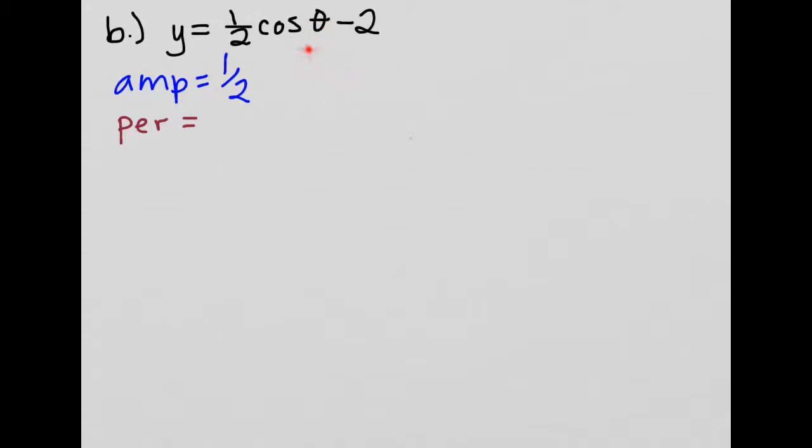And they don't give us a degree or a radian measure, so we can do either one. Let's go ahead and just do this in degrees. So again, we do 360 divided by the absolute value of b, which in this case is 1. That's supposed to be a 1, not a 2. So that is going to equal 360. So that is our period, or how long it takes to complete one cycle.